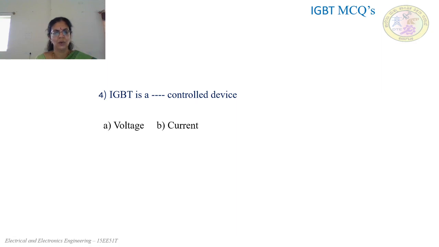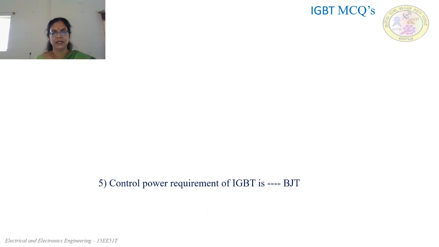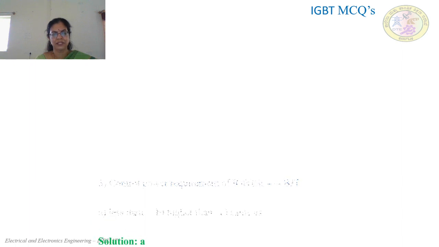Answer is voltage control. Is the control power requirement of IGBT dash of BJT: less than, higher than or same? It is less than BJT.